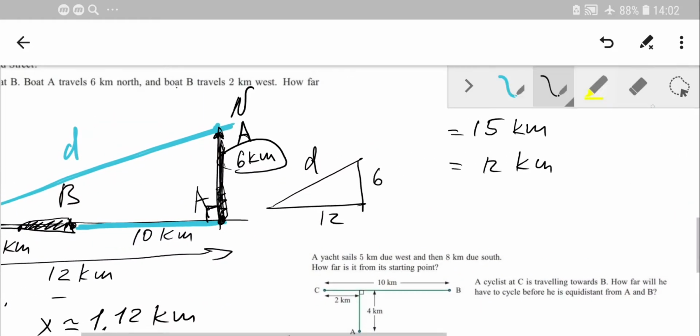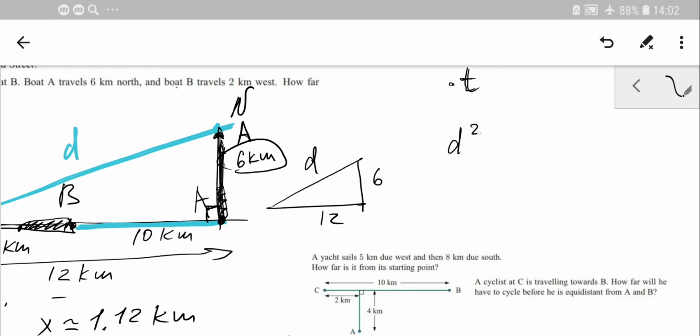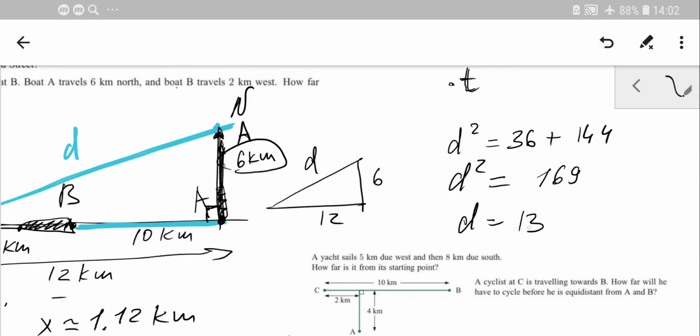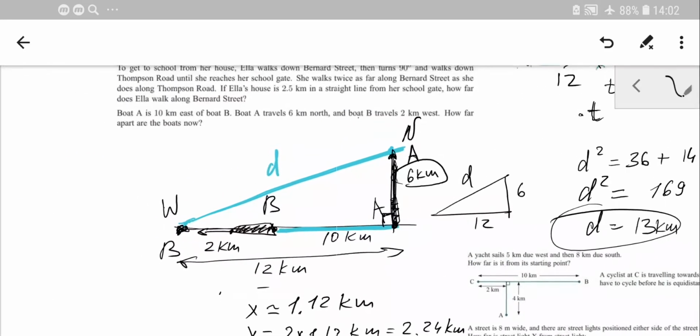So we can easily figure out using Pythagoras again. So we'll get d squared equals 36 plus 144, which is 169. That's d squared, and now d is the square root of 169, a square number, so the answer is 13 km.